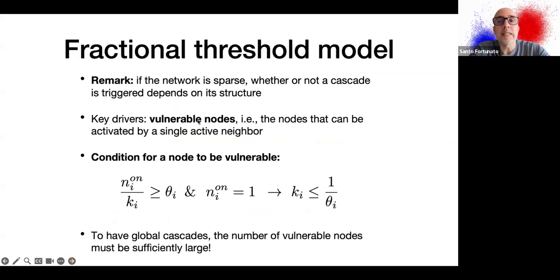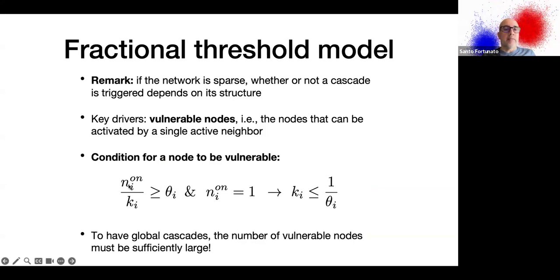So if the network is sparse, whether or not the cascade is triggered depends on its structure, in particular on what the nodes' degree is. And a good context to generate a global cascade is to have a lot of so-called vulnerable nodes. The vulnerable nodes are the nodes that can be activated by a single active neighbor. So the moment one of their neighbors becomes active, they become active too.